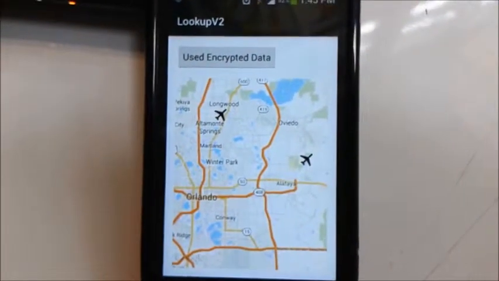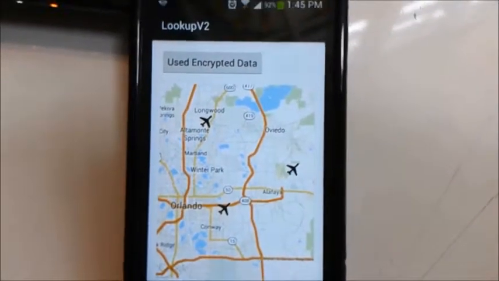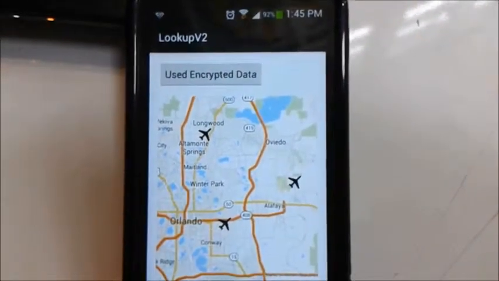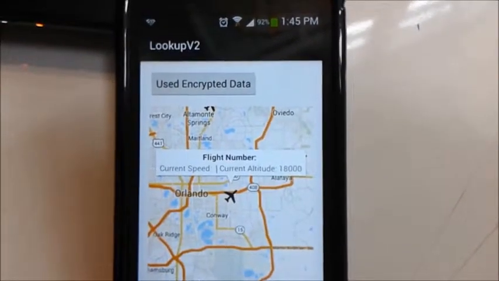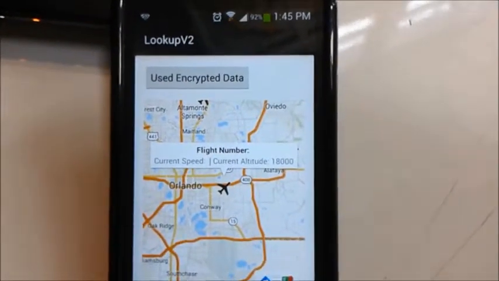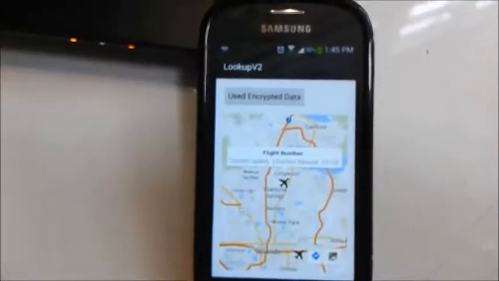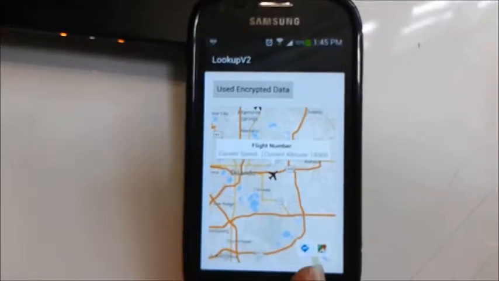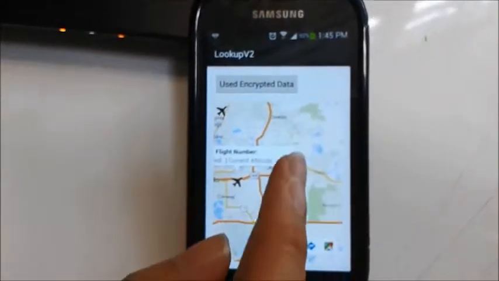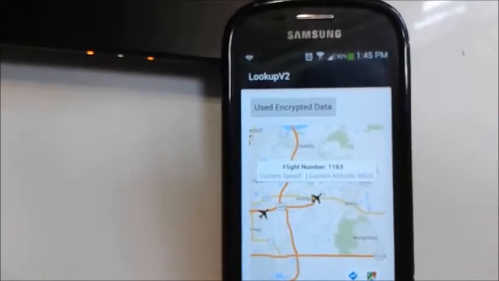Note on the screen we now see three aircraft. Selecting one of the aircraft shows its altitude and more. Selecting another aircraft brings up its information, and for the third aircraft.